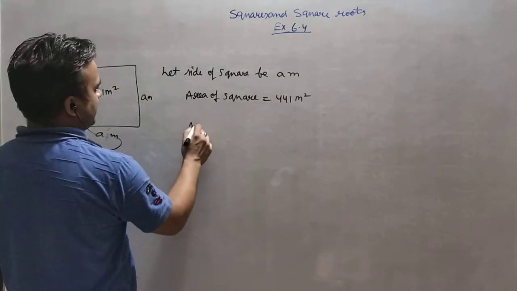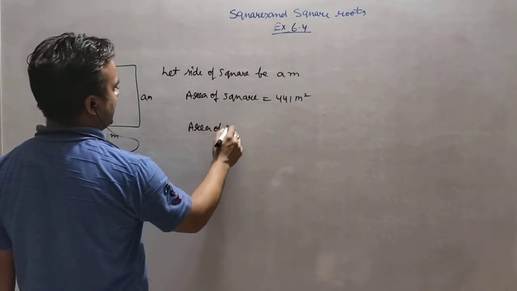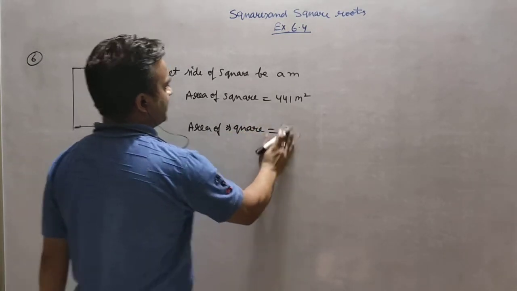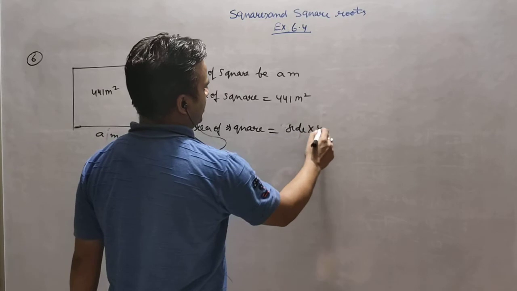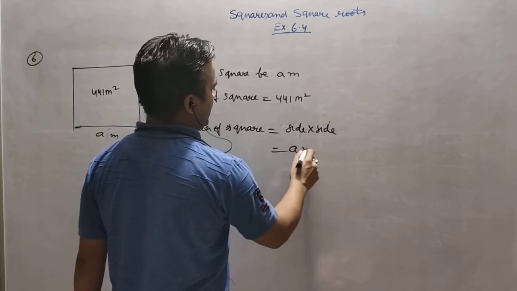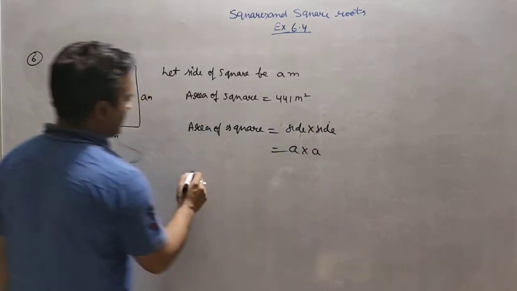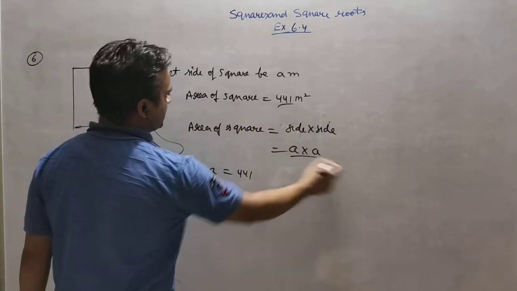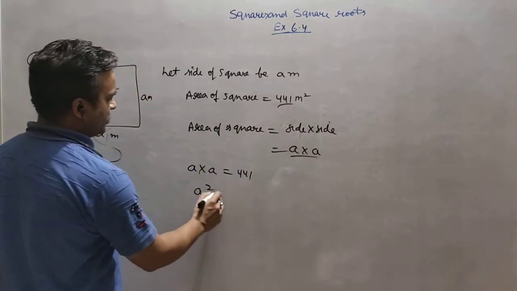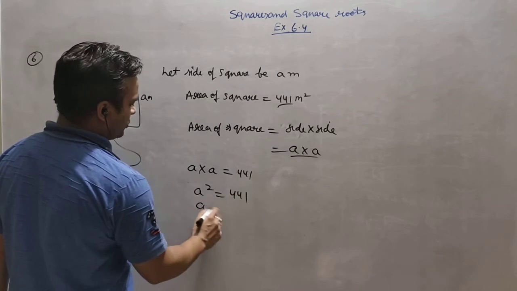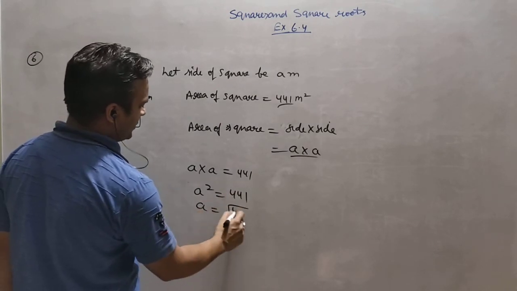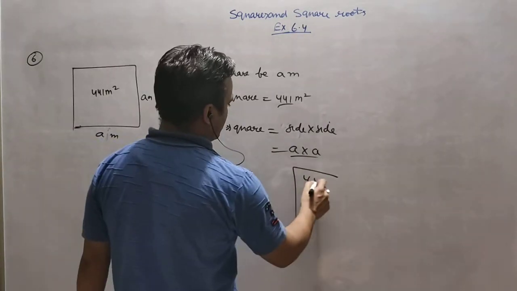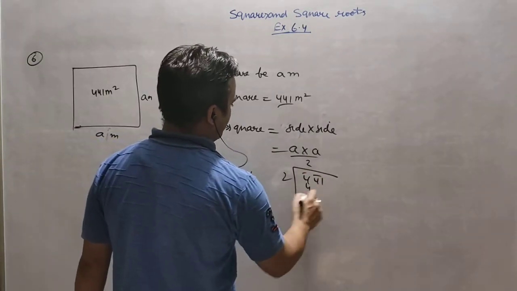Now suppose I say, what is the area of a square generally in terms of side? So I will say side into side. So what is it? A into A. So here we can say that A into A will be equal to 441, because this is the area. So it will be A square equal to 441. So you know very well, this square will shift here, and if you take the square root of 441, 2 2s are 4.